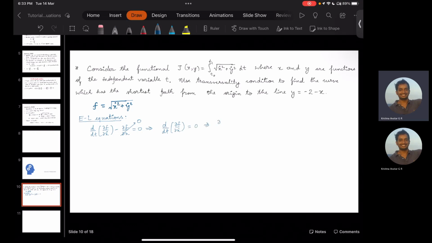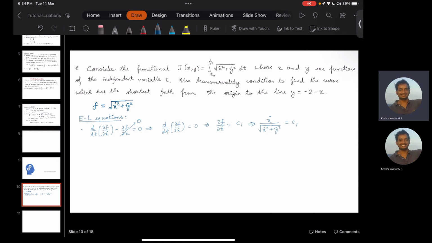And this implies that del F by del x dot is equal to some constant c1. And this is nothing but x dot by root over x dot squared plus y dot squared is equal to c1.